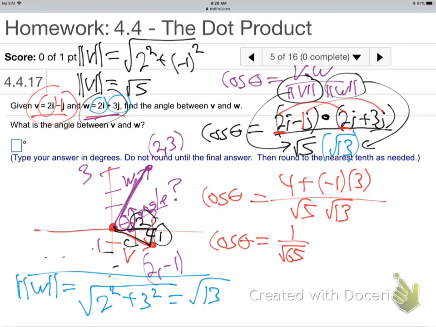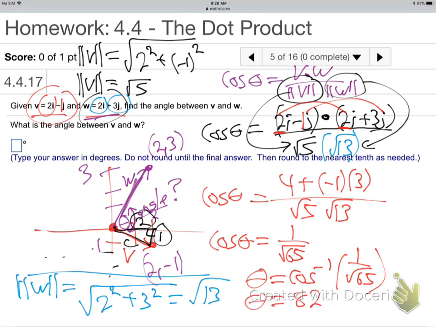So how do I find the angle in between now? Inverse cosine of 1 over the root of 65. Make sure you're in degree mode. Take out your handy dandy calculator. Cosine inverse of 1 divided by root 65, and I'm getting 82.87.